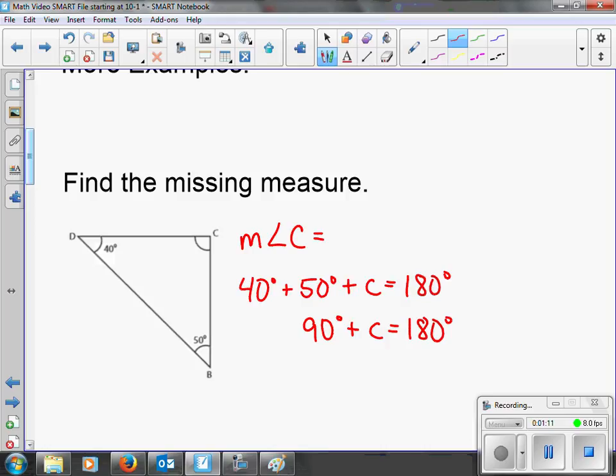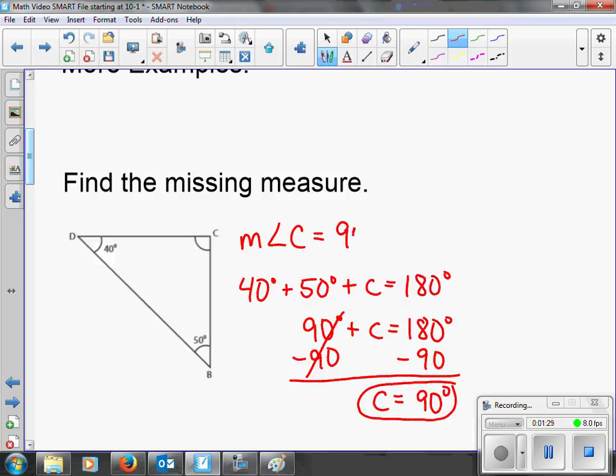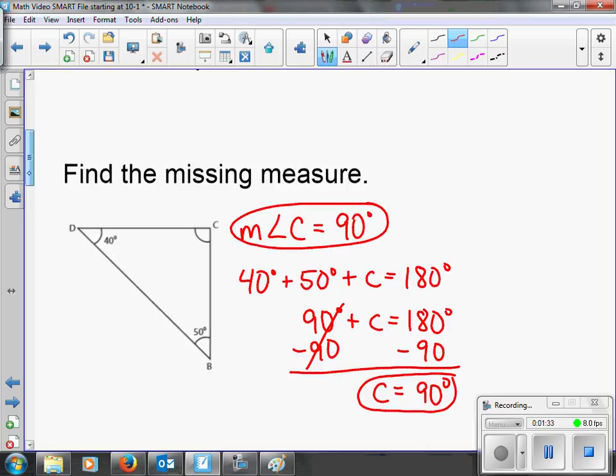We subtract 90 from both sides, because we want to know what C has to be, and we get 180 minus 90 is 90 degrees. So the measurement for angle C is 90 degrees. Yes, write all this down.